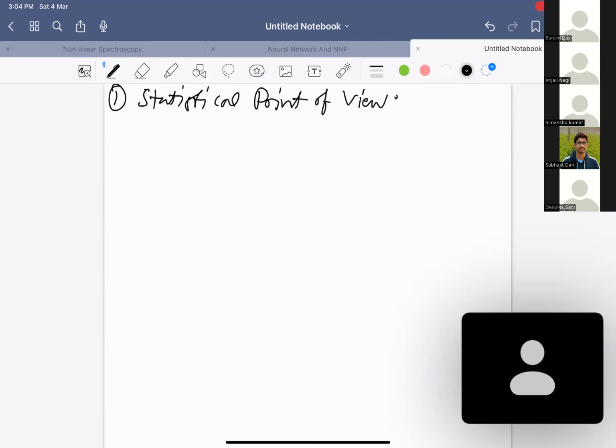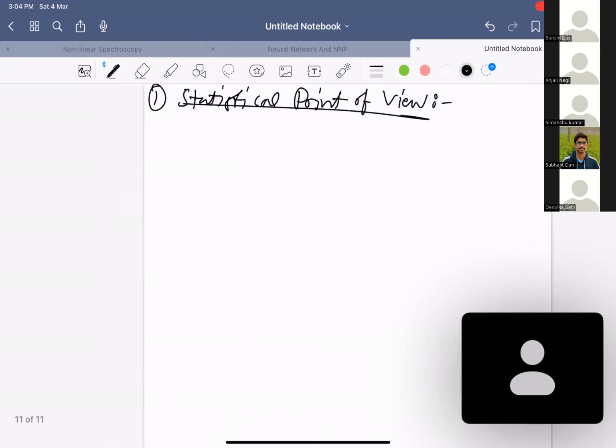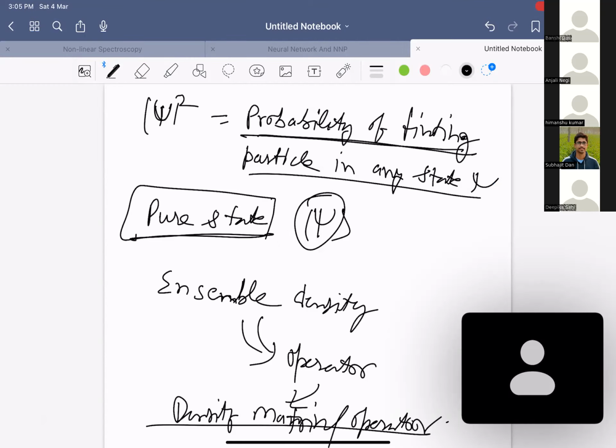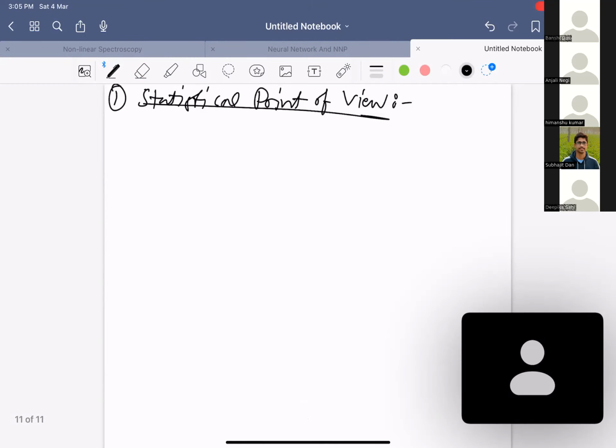The statistical point of view is that we need this ensemble density for our quantum mechanical system. Let us consider we are working in the grand ensemble. In the grand canonical ensemble, the total number of particles N is not conserved.